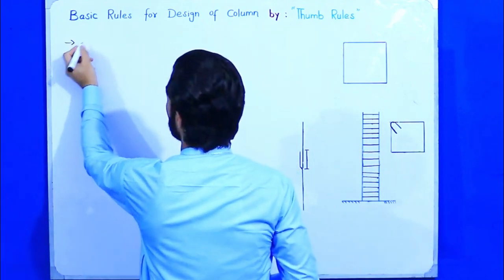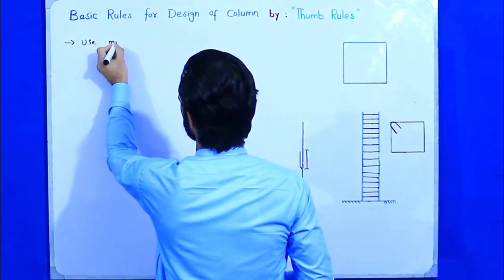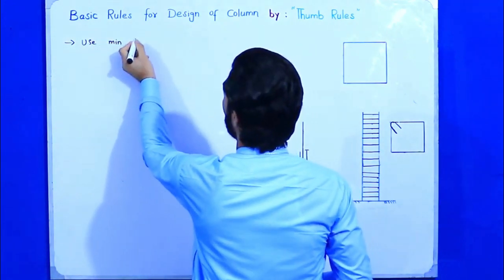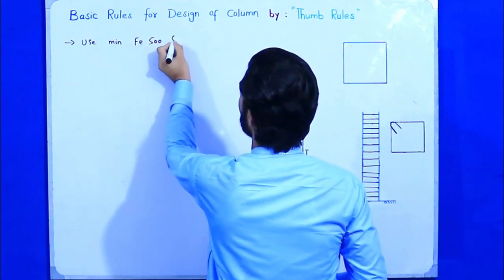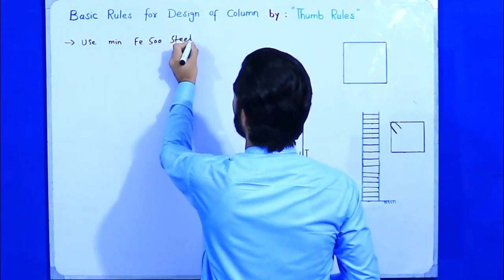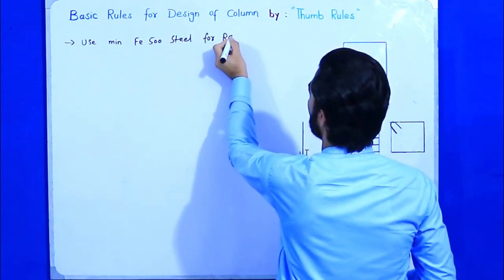The first point: use minimum Fe 500 steel for RCC column.